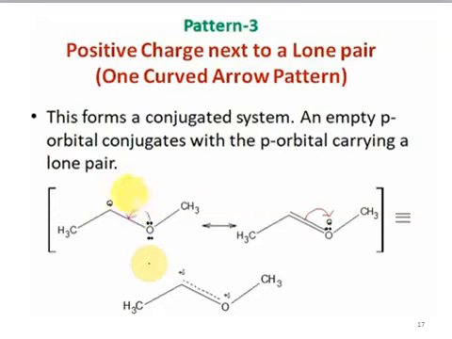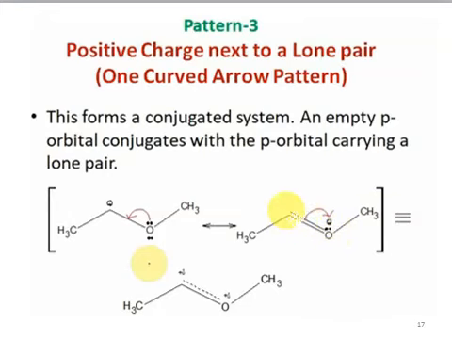Since we are moving 2 electrons, we have to use the full-headed arrow, the normal arrow. This arrow will go towards the positive charge, so we'll get a double bond. Since this oxygen has given 2 electrons, it will get a positive charge right here. To convert the structure back, just shift the electrons back towards the oxygen, so you get the positive charge back on carbon, and the oxygen gets its lone pair back.